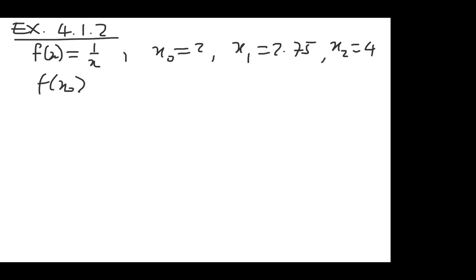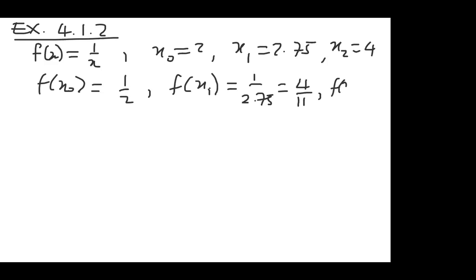So f of x0 in this case will just be equal to 1 over 2. f of x1 will be equal to 1 over 2.75, which will be the same as 4 over 11, right? And lastly, f of x2 will be equal to 1 over 4. So I'm just substituting them in the function f. I need those in order for me to find the Lagrange interpolating polynomial.